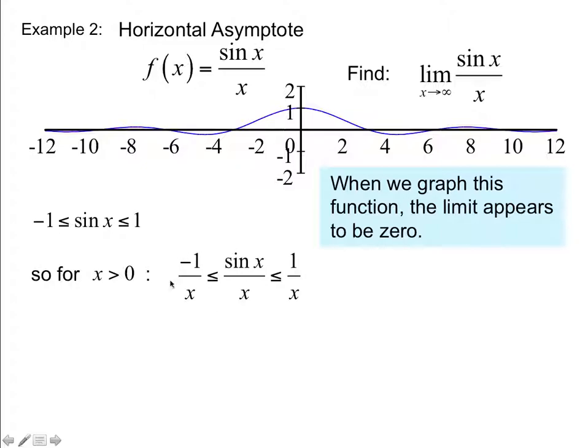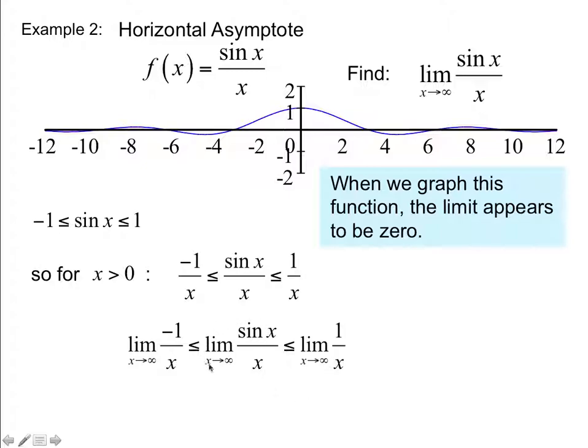And then we know these limits on this one and this one. If we take a limit of this left expression, -1 over x, as x goes to infinity, that's -1 over a really big number. That's one of our special fractions. This whole thing ends up being 0. And if we look at 1 over x as x goes to infinity, we know that this number, again, 1 over a really big number, one of our special fractions, is also 0.